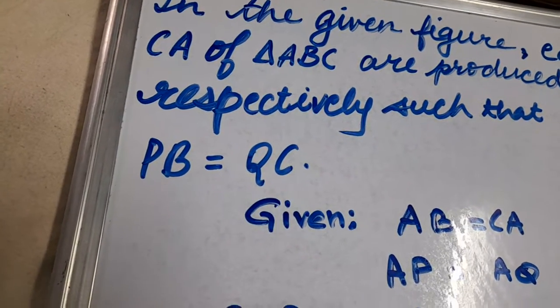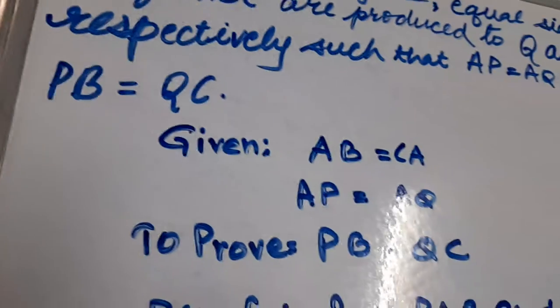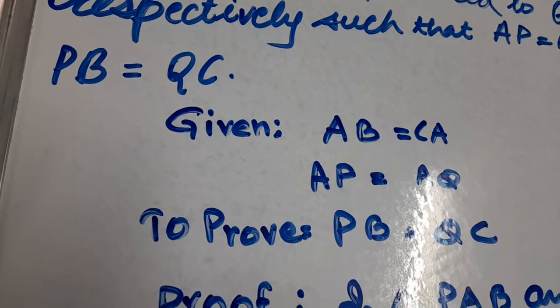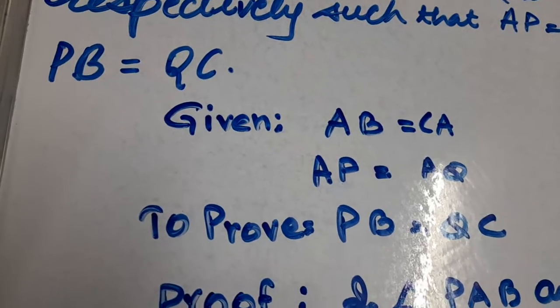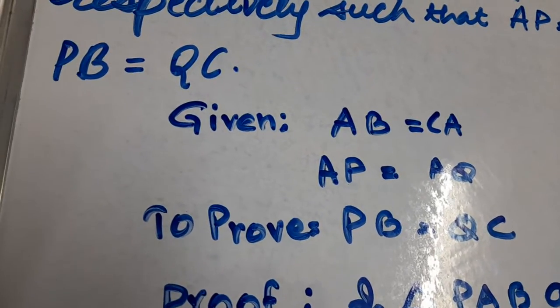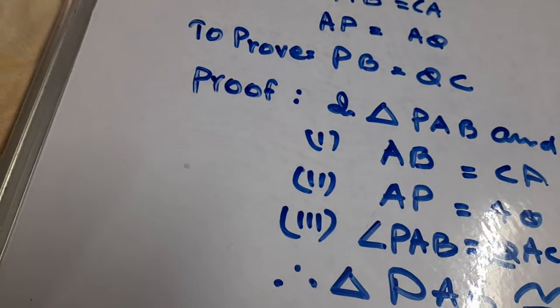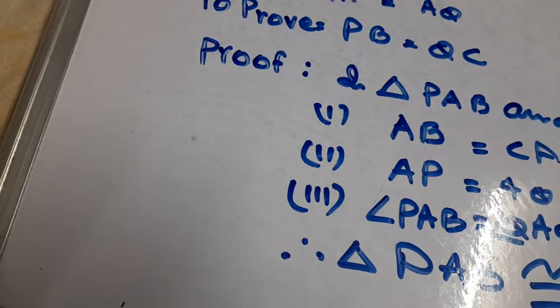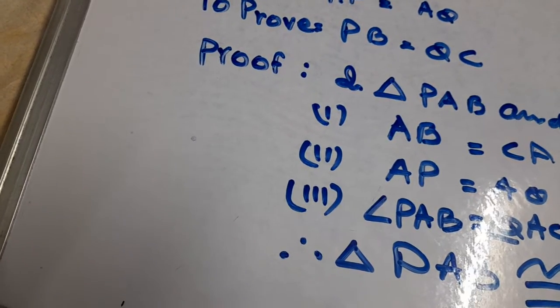So triangle PAB is congruent to triangle QAC, and this is by which criteria? It is SAS. Proved.